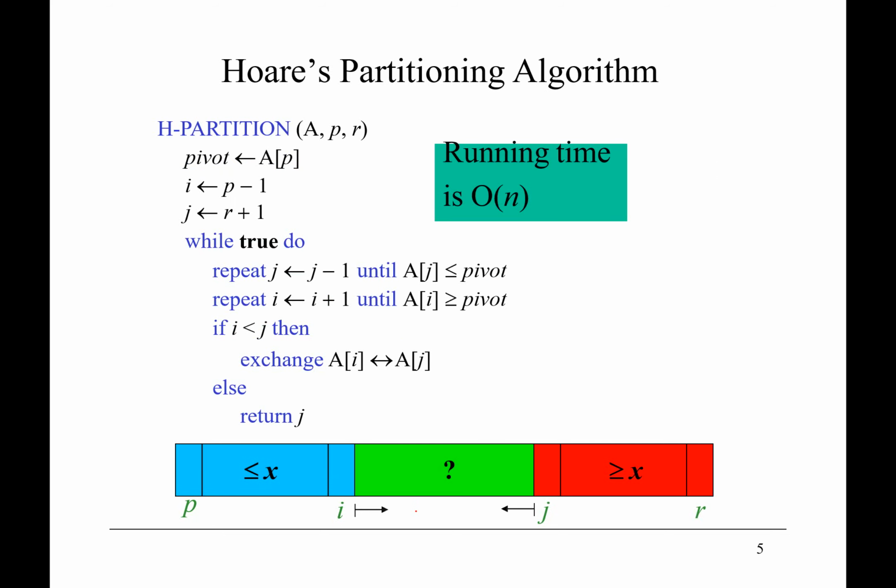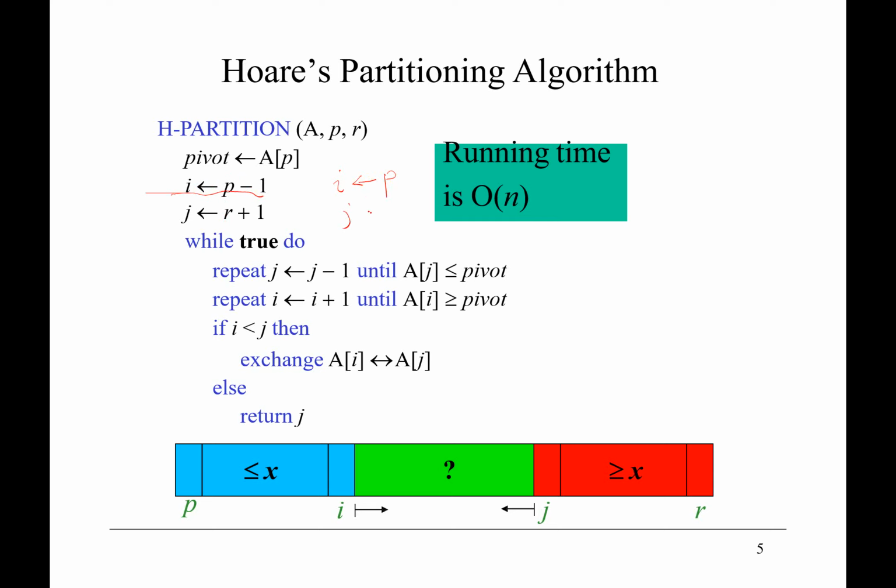First, let's take a look at Hoare's partition algorithm, and we will emphasize this algorithm. In this algorithm, we ask different questions. First question: can we change this statement? Can we start from P? Can we initialize I to be P?